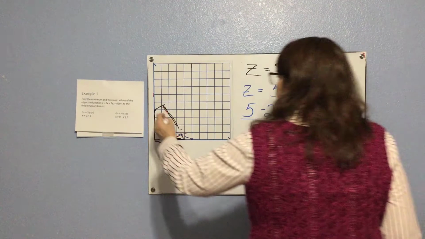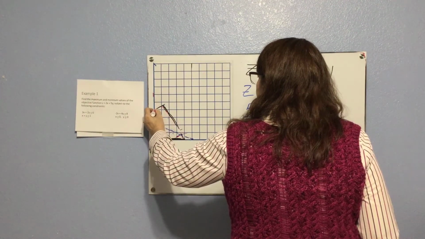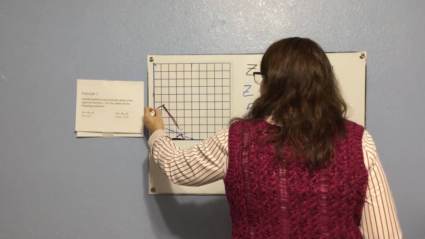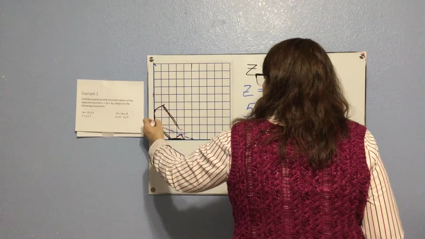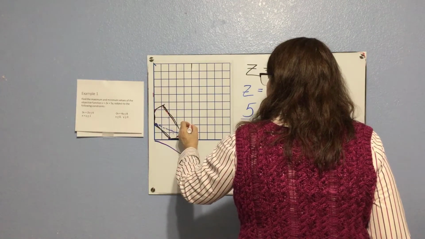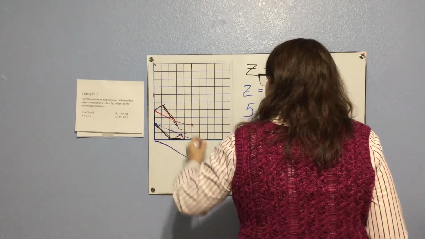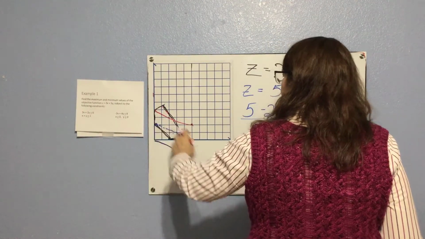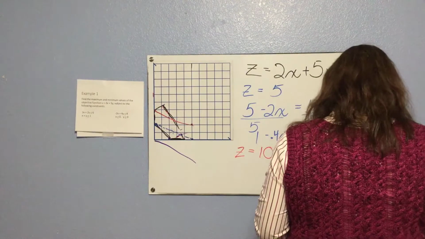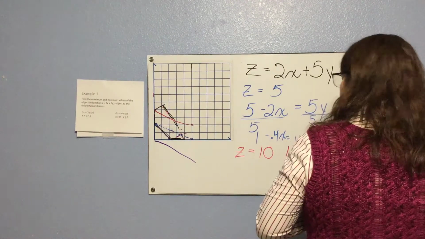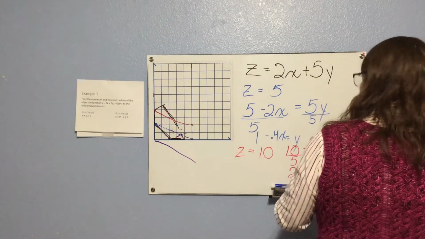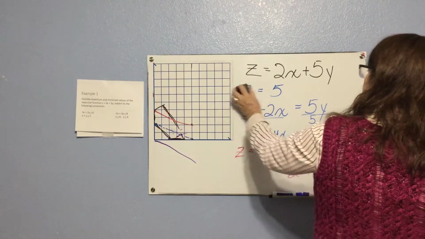And so 2 on this graph would be up here for y-intercept, and down 2 over 5 would be there. So this line would be there, and you can see that the blue line and the red line are parallel to one another. And we're getting up toward the top of the feasible region, but we're not quite there yet.